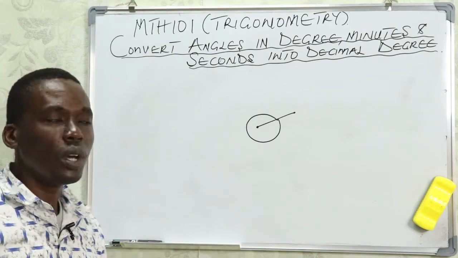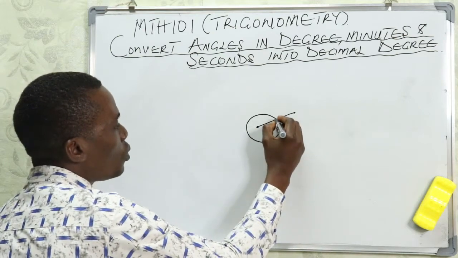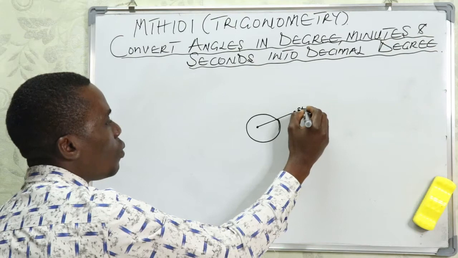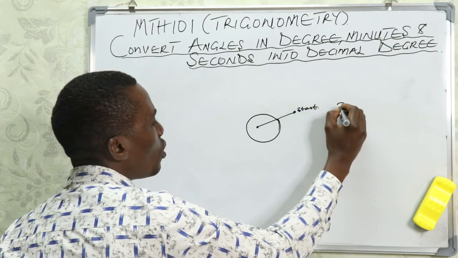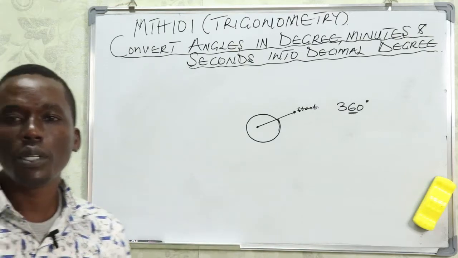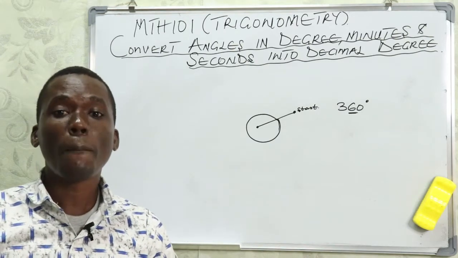By convention, when this straight line goes round the circle and returns to its starting point, we say it has made a 360 degree turn.